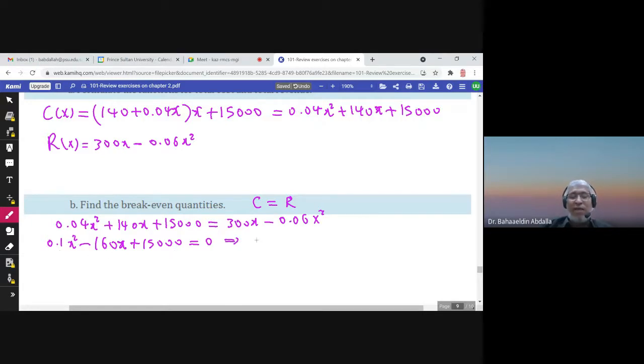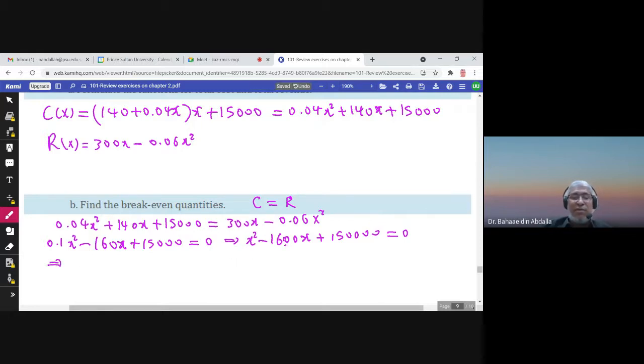If I multiply by 10, then the coefficient of x squared would be 1, and this would be 1600x, and this would be 150,000 equals 0. I'll try to solve this equation by factoring. So I will search for two numbers whose product is 150,000 and whose sum is 160.